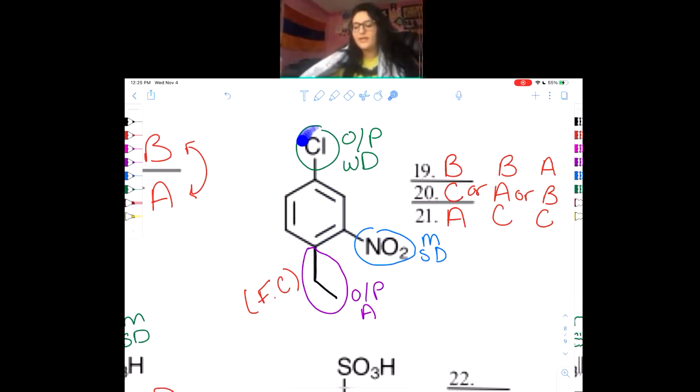These two are para, and yes, these two are meta, but that doesn't necessarily mean that this one had to do the directing, because they are ortho and para compared to the R group. And so the most favorable way to do it would be BAC. So I'll highlight it. This would be the most favorable way to do it, and the reason is because you would add the most deactivating one last.